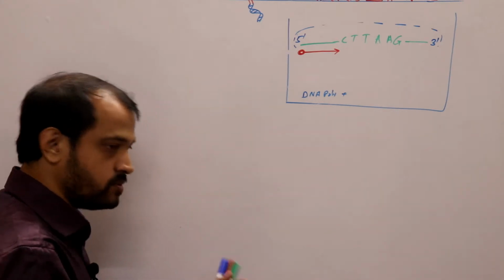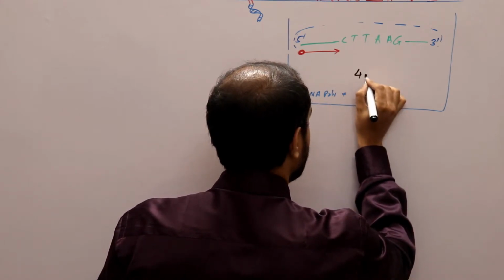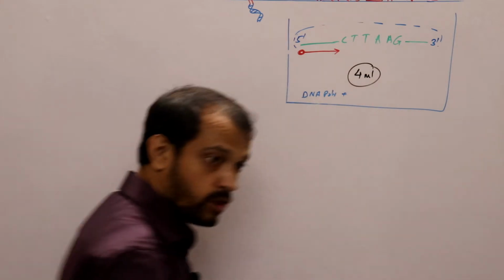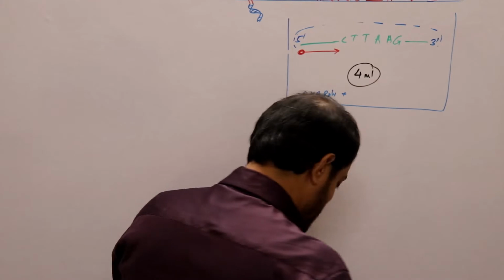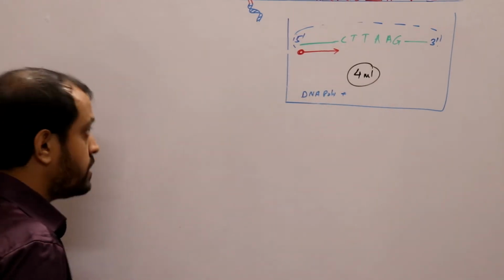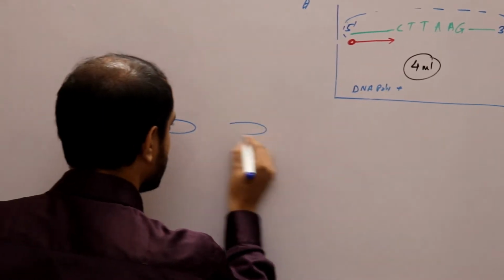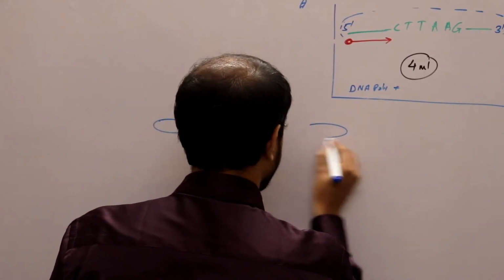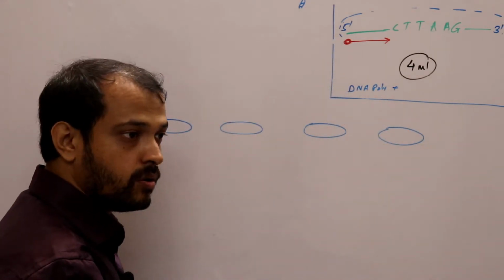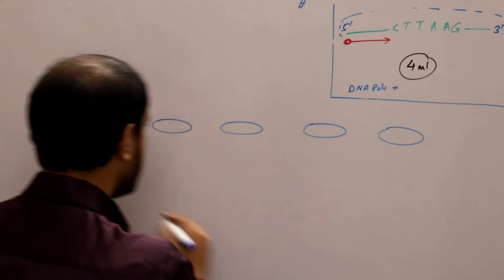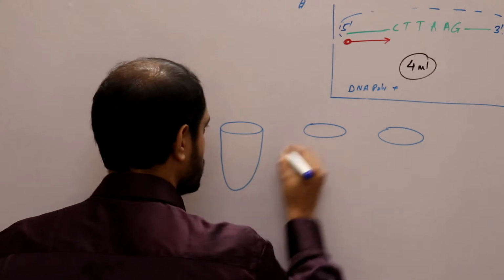Now listen, we have done this, right? Now suppose it is a 4 ml solution in a beaker. We are genius. Okay, 4 ml solution. And now we are taking this 4 ml solution into 4 holes, 4 PCR tubes or Eppendorfs.